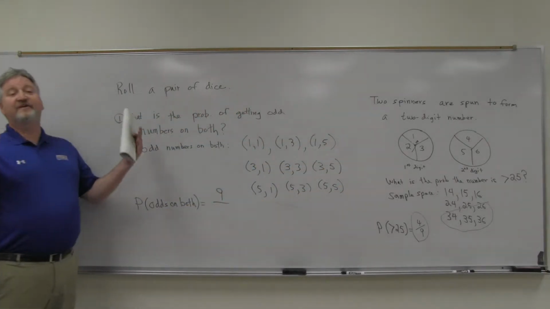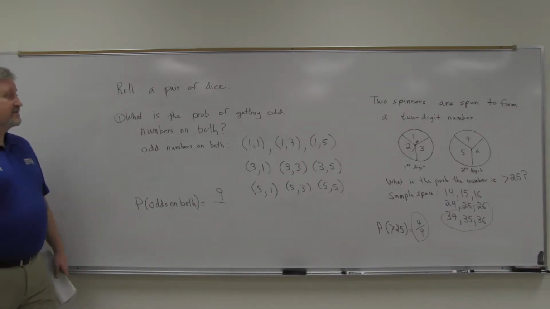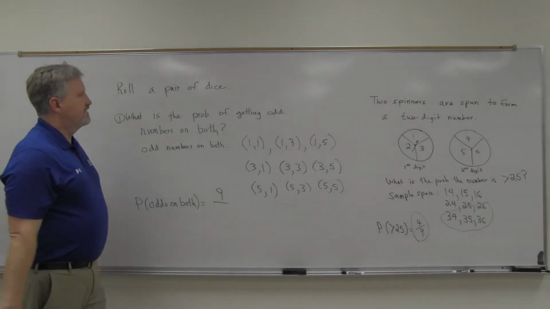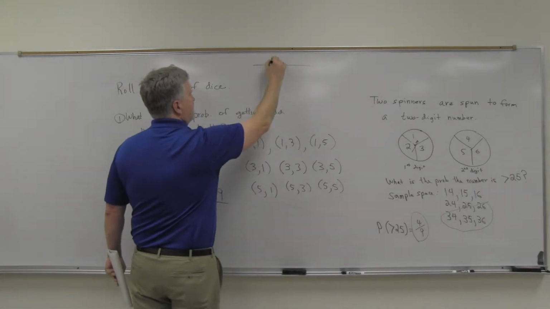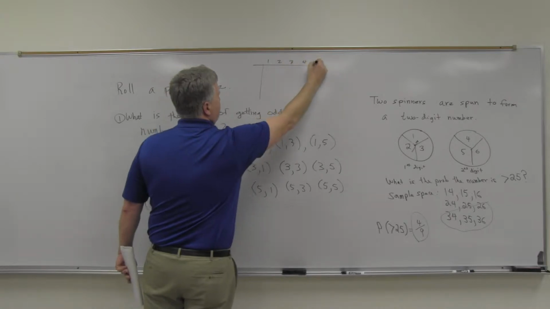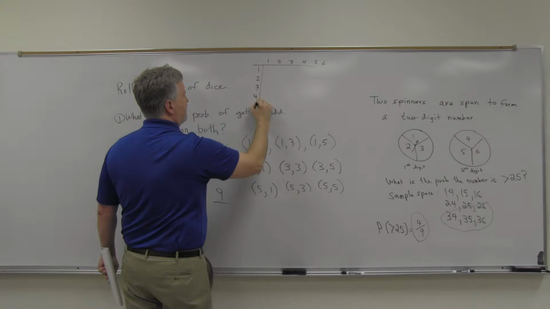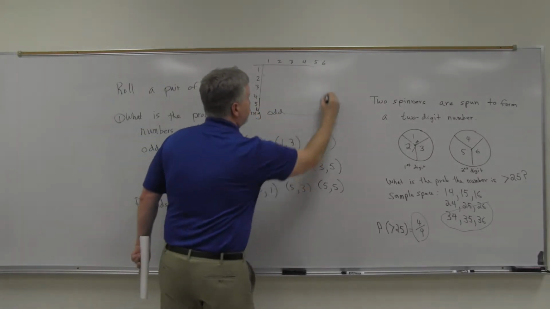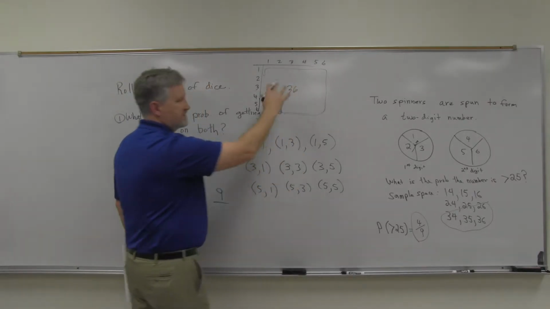Now, we just have to figure out how many there are in total. If you think about what we did, we did a table with 1, 2, 3, 4, 5, and 6 along here, and then the other one. Remember doing that? Oh, yeah. We did the table. And so all together, yeah, there was 36 possible.